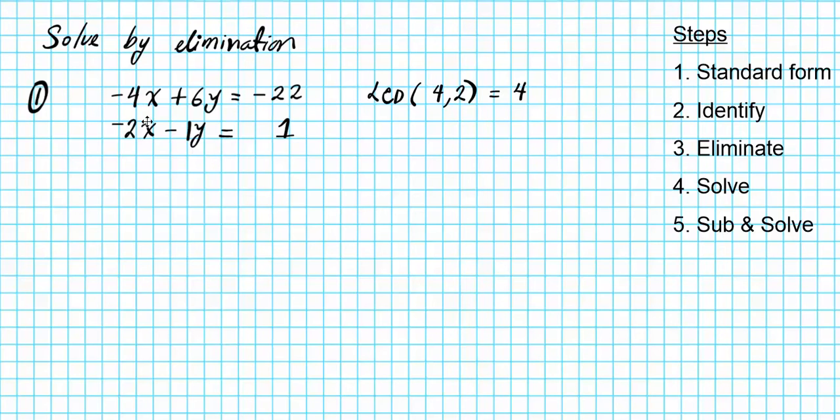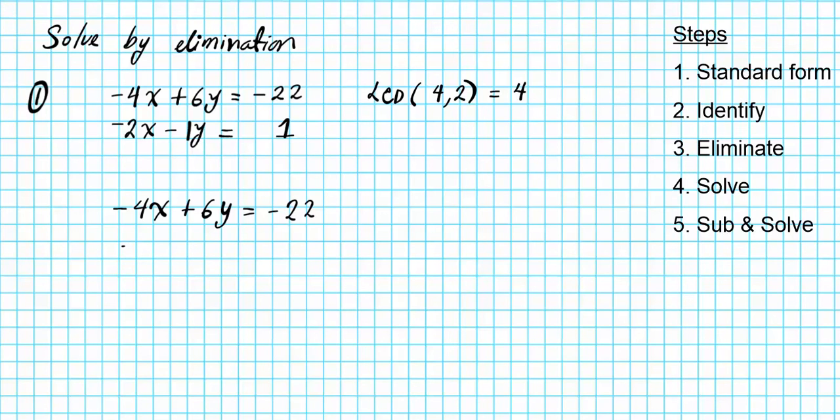The goal here is to make one of these equations 4x and the other negative 4x. This is already negative 4, so we might as well try to convert this to positive 4. So what should we multiply this equation by to make it into positive 4? Let's rewrite the equation. So we have negative 4x plus 6y equals negative 22.